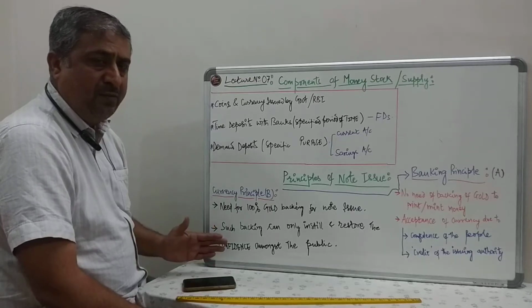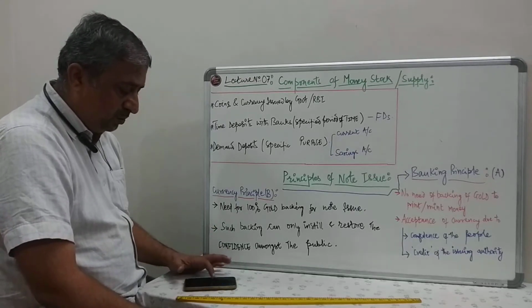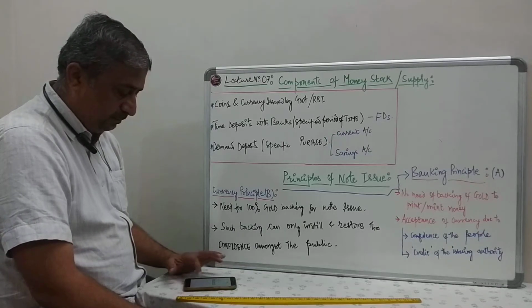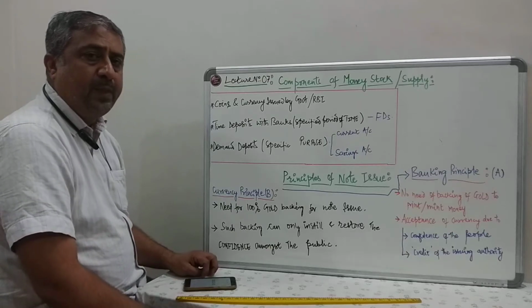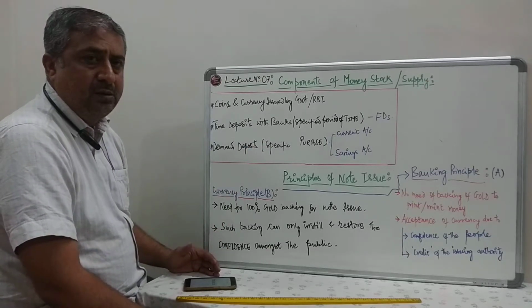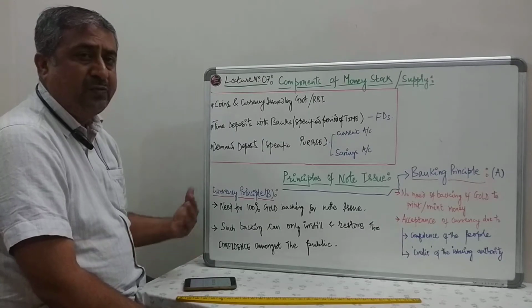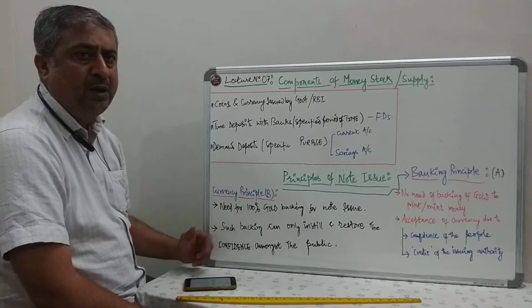Now, why a specified period of time? Because you may require money after certain intervals of time. We are not aware of when we are going to require money.